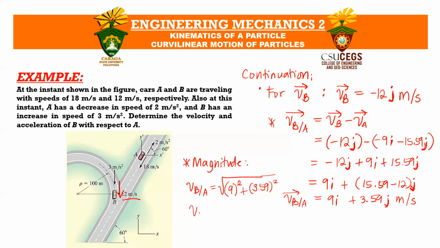So therefore, the magnitude of your velocity of b with respect to a would be equal to 9.69 meters per second. So that would be the answer for the magnitude of the velocity of b with respect to a.